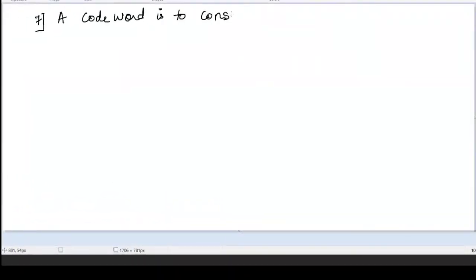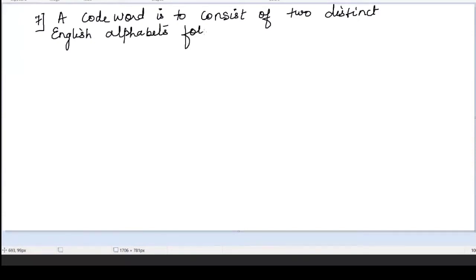A code word is to consist of two distinct English alphabets, followed by two distinct numbers between, underline the word between, I will tell you why, between 1 and 9.